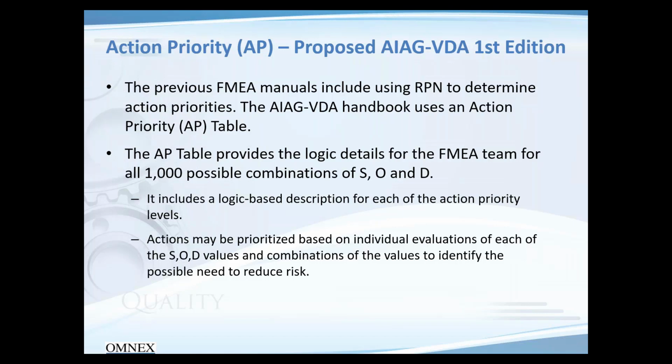And then in both the J1739 and the 4th edition, we said, well, setting up some type of threshold value isn't a recommended way of improvement, and the reason is that those are subjective values, especially occurrence and detection, that can be adjusted. So there's no value in pushing people for some type of threshold, because they can easily adjust the numbers to get to whatever threshold level you want.